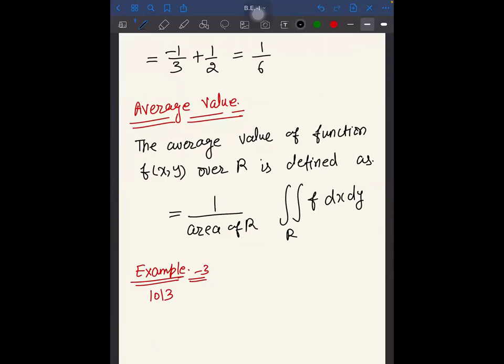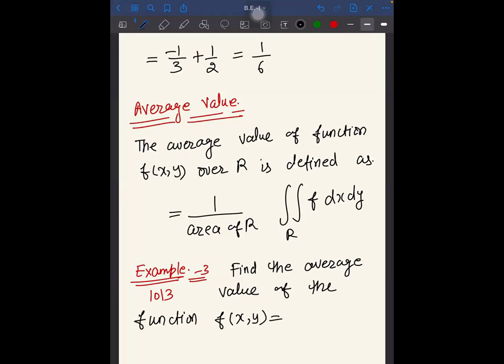Find the average value of the function f of xy is equal to x cos xy over region R, which is x lying between 0 to pi and y lying between 0 to 1.